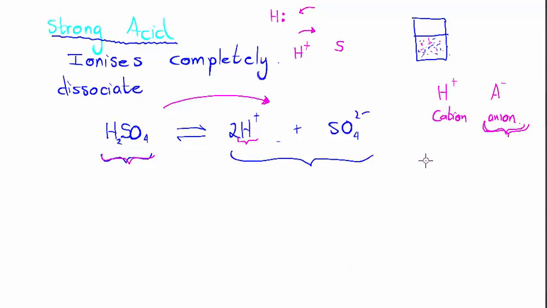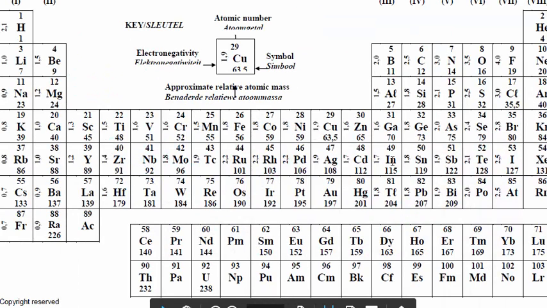So we have fluorine. Notice that the size of an atom depends on the size of his electron cloud. Remember, the electron cloud is the one that has the size, the nucleus is the one that has the mass. Okay, so the bigger the electron cloud, the bigger the atom.